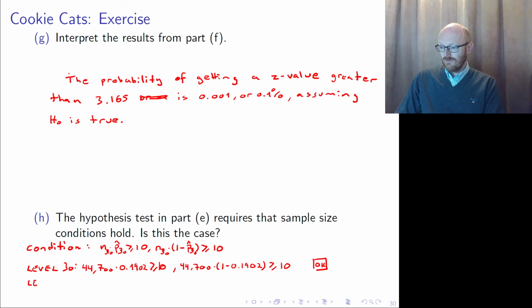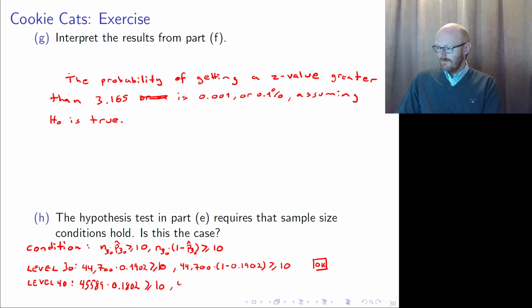What about level 40? The sample size is 45,589 times 0.1802, which was the proportion of a hit with the gate at level 40. And you see that this is greater than or equal to 10, okay?